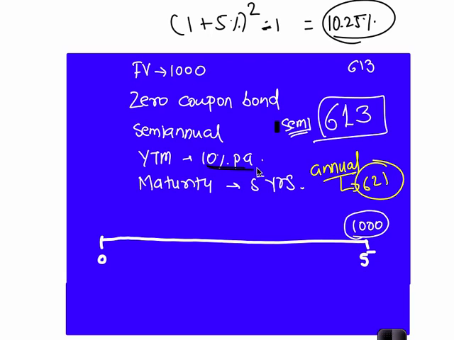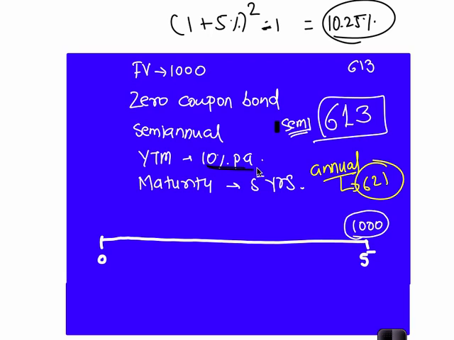Can YTM be semi-annual? Yes, it can be. See, YTM is always an annual number. In fact, the rule of thumb is any interest rate that is quoted is always quoted as annual. But when we do compounding, we'll have to decide what is the compounding frequency. The frequency of compounding is semi-annual here.